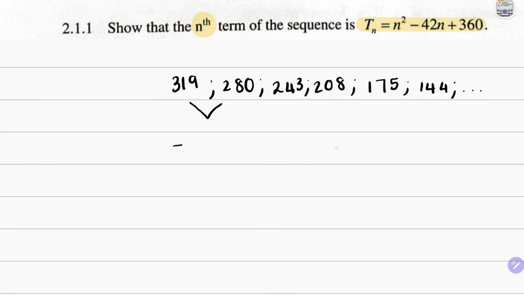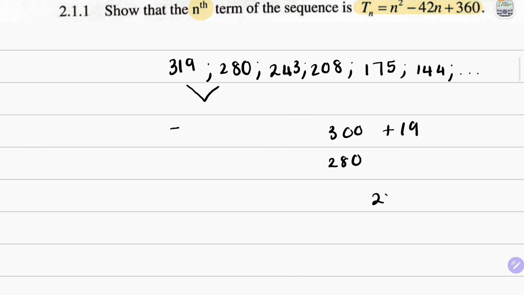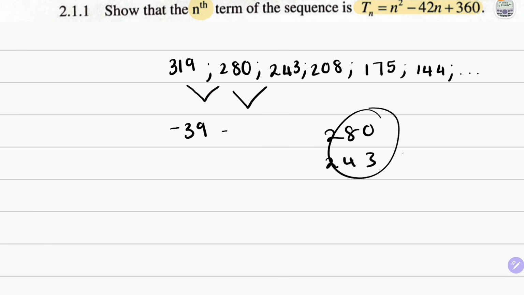So that's going to become negative, and we can just say 319 minus 280, that's like 300 plus 19. 300 minus 280 is 20, so 20 plus 19 is 39. So that's negative 39. And then we say 280 minus 243. That's 80 minus 43, which is 37. So negative 37 that we have.